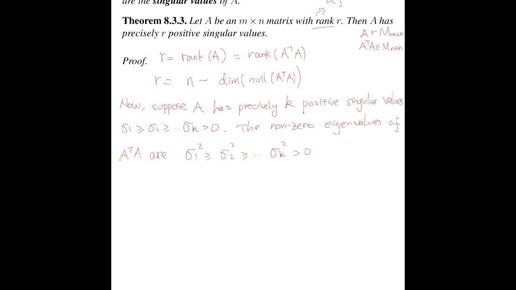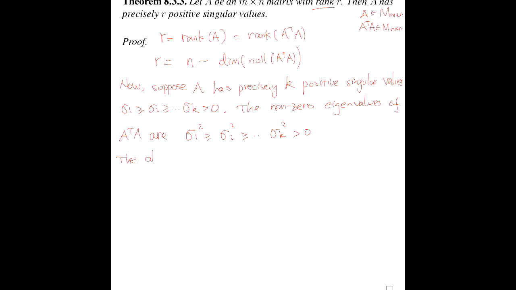If we know the eigenvalues of A transpose A, now we can say the algebraic multiplicity of the zero eigenvalue for A transpose A is n minus k.